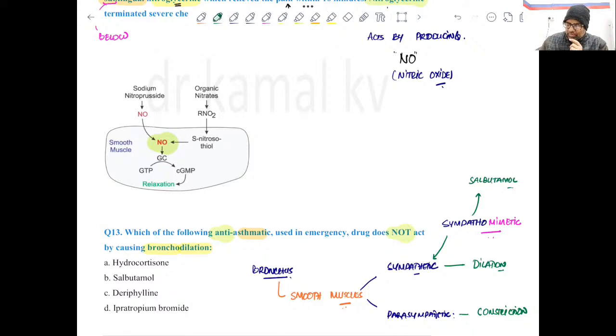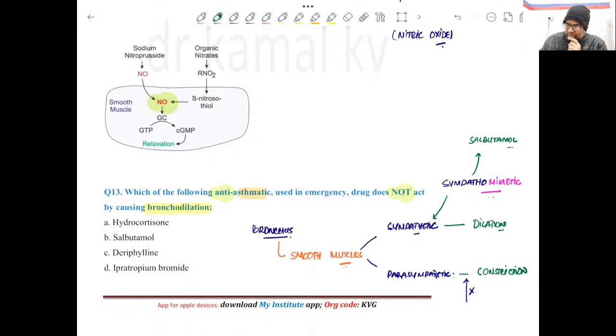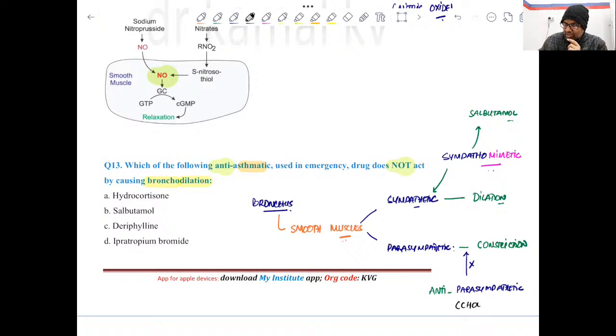Now, if we want to inhibit this constriction, resulting in bronchodilation, we need to give an anti-parasympathetic. In technical terms, we don't use the word parasympathetic. We use the word cholinergic. So we will give an anticholinergic.